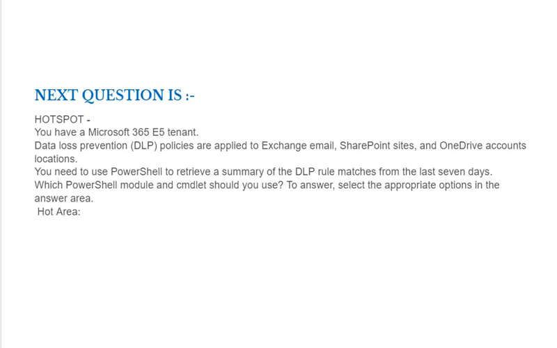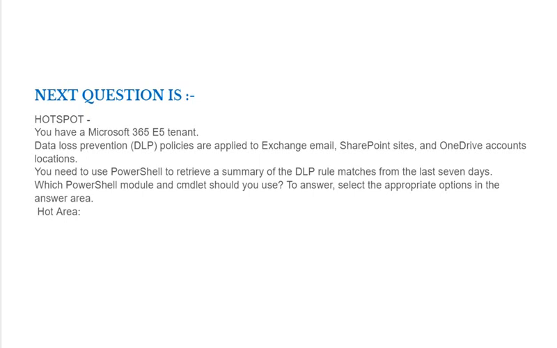Next question is, you have a Microsoft 365 E5 tenant. Data loss prevention DLP policies are applied to Exchange email, SharePoint sites, and OneDrive accounts locations. You need to use PowerShell to retrieve a summary of the DLP rule matches from the last 7 days.